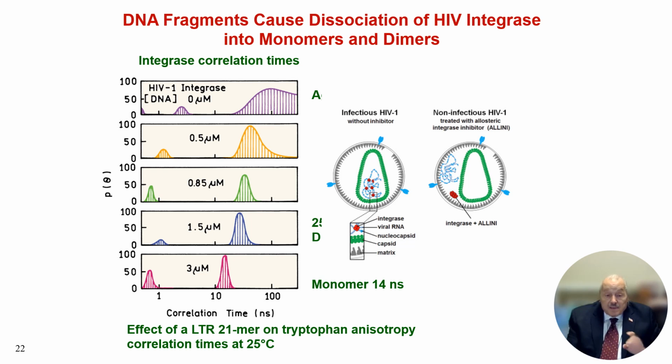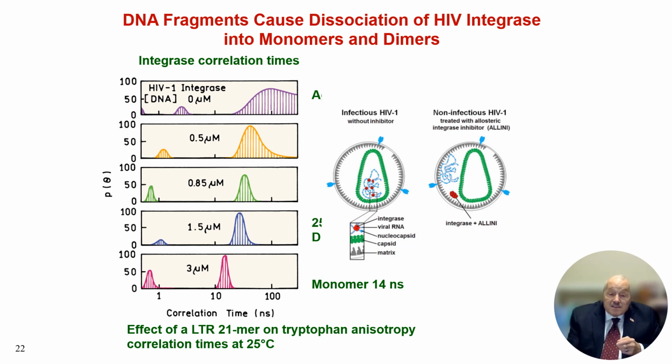So when they had a reasonable amount of this DNA in there, they saw a single correlation time around 14 nanoseconds and a short correlation time. The short ones are, of course, always the segmental motions of the tryptophans, and the longer one is representing the overall global rotation of the protein.